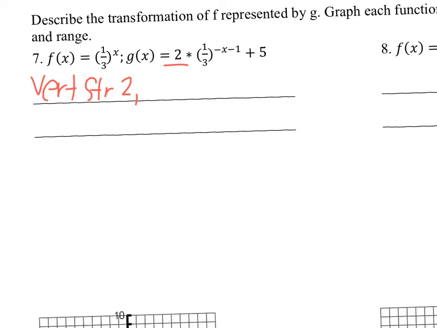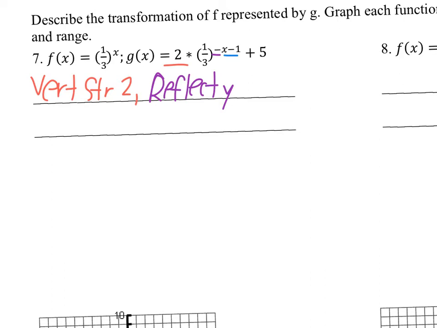However, next up we have our exponents, and we have that negative in front of that x. That negative on the x means we're going to reflect over the y. Then we've got that -1. And I know, folks, normally you're thinking, okay, -1, the x's lied to us.